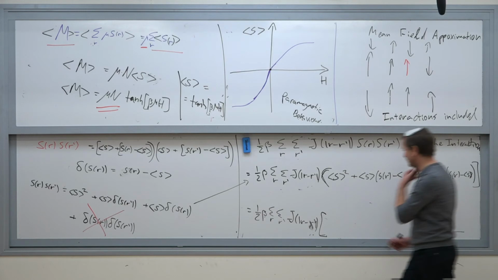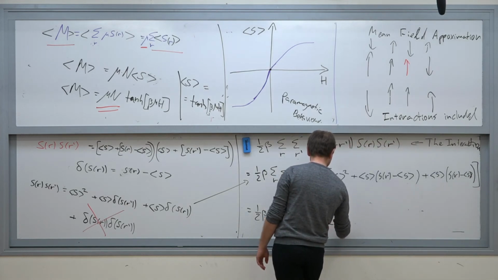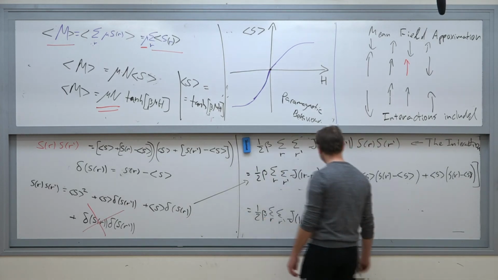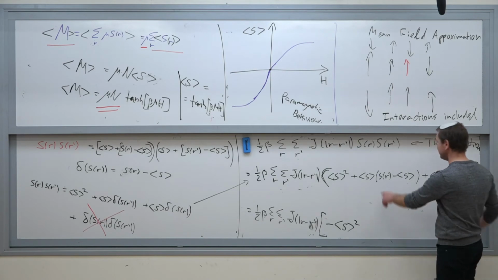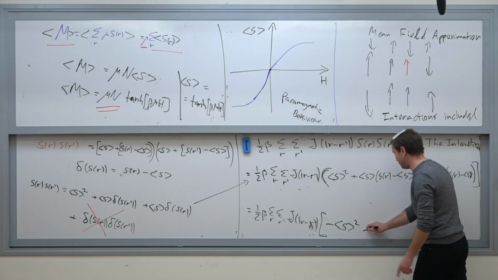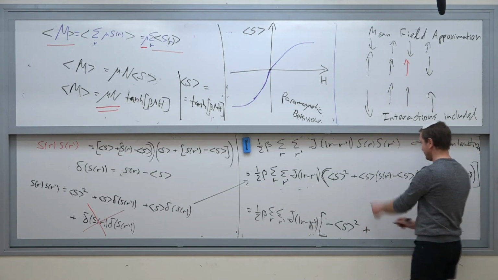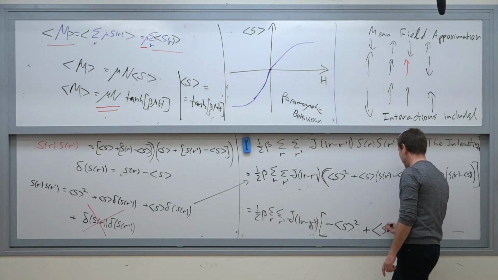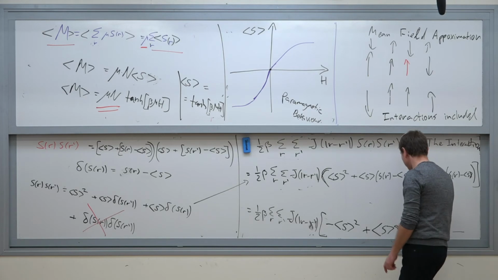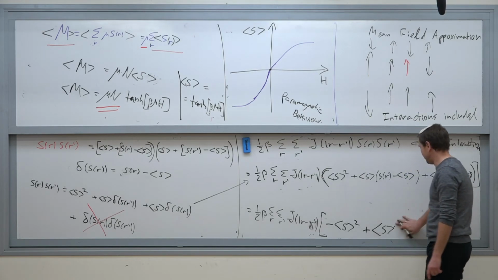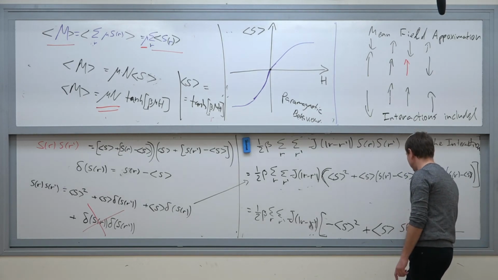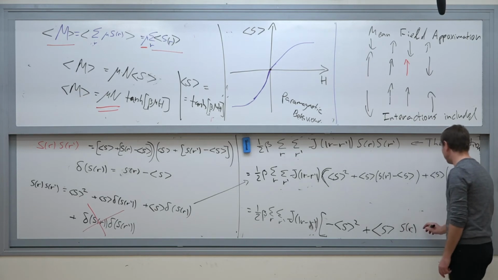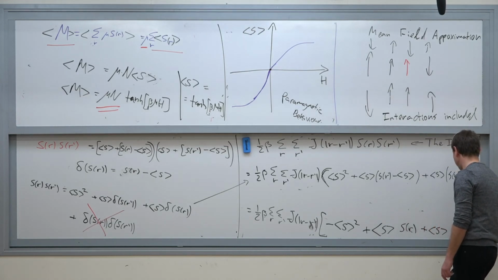Okay, so I have minus in total s squared, and I have plus s of r plus s of r prime.